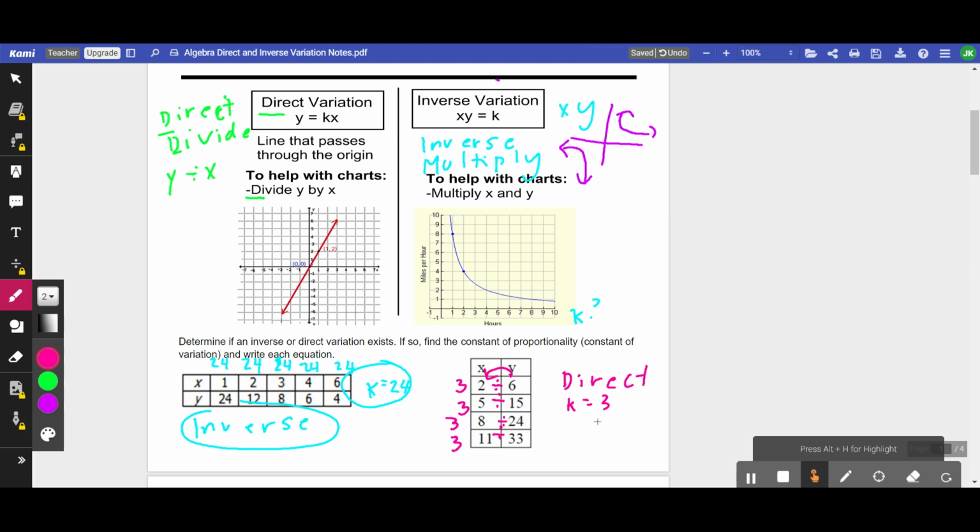And there's also another part to your answer too. The last part wants you to write your equation. So I'll go back and do it for the one right here, but let's do this one that we're on. So it's y equals kx. You figured out your k was 3, so you can just sub 3 right in there. So that means the equation is y equals 3x.